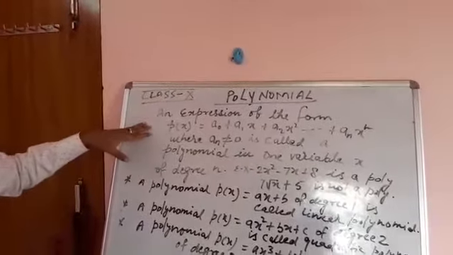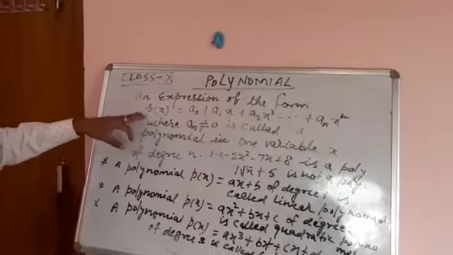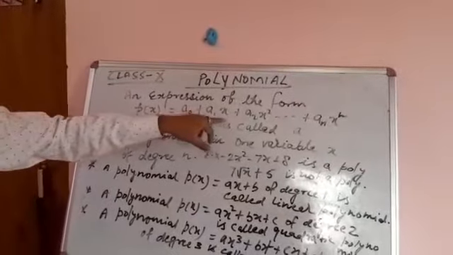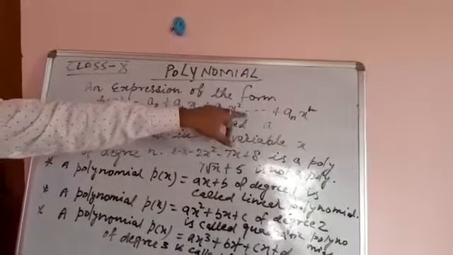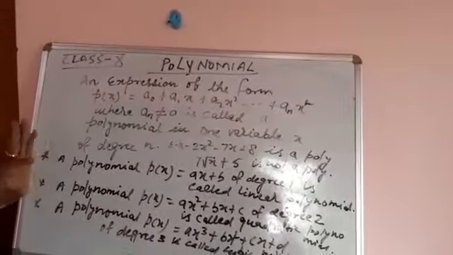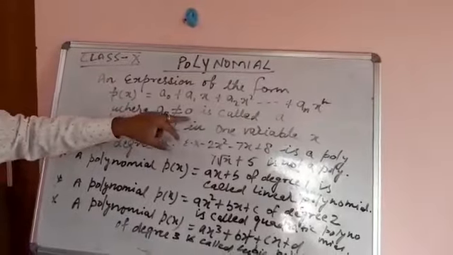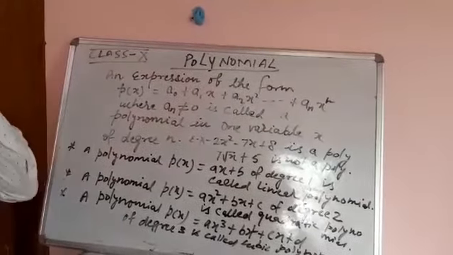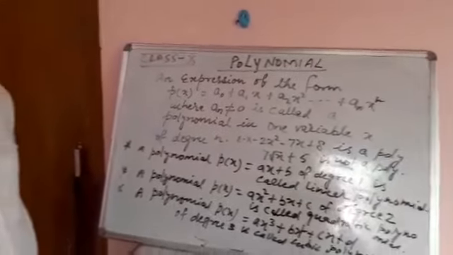If an expression of the form p(x) = a0 + a1x + a2x² + ... + anxⁿ, where an is not equal to 0, it is called a polynomial in one variable.